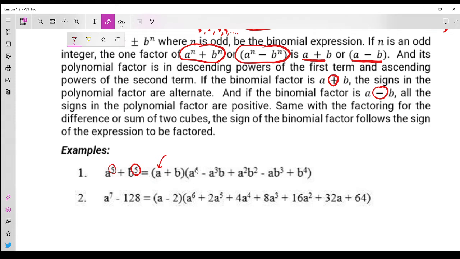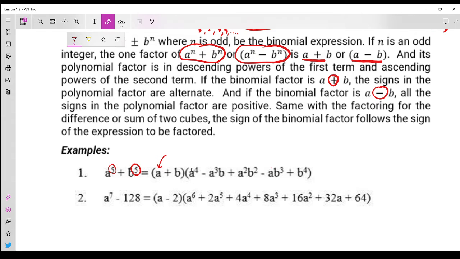Starting with n minus 1, if your n is 5, then we start with the exponent 4. So you have a raised to 4, then a raised to 3, a raised to 2, a raised to 1, and then no a.